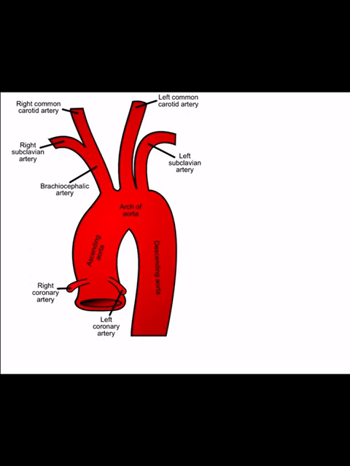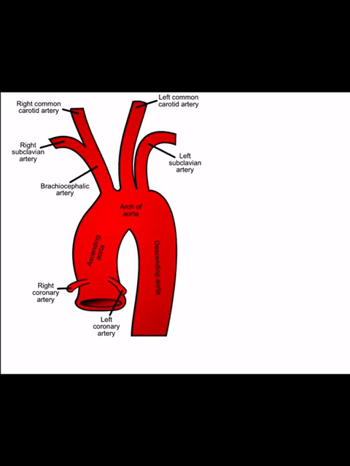So in the neck both arteries ascend upwards from the level of sternoclavicular joint to the level of upper border of thyroid cartilage at the upper border of C4, where they bifurcate into two parts, that is your internal and external carotid artery. So where is this artery bifurcating? It is at the upper border of your C4.